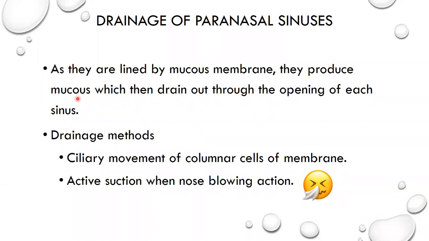They produce mucus, which then drains out through the opening of each sinus. If we have no pathological conditions, the ciliary movement of the columnar cells covering the membrane helps to drain the mucus that is present in the sinuses.